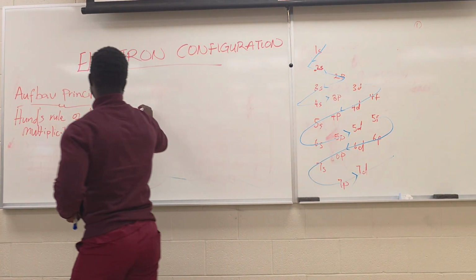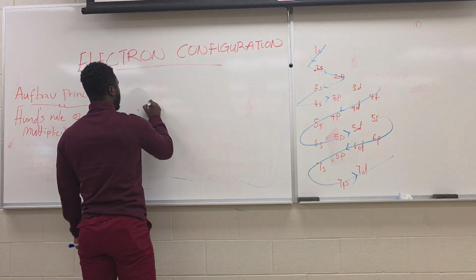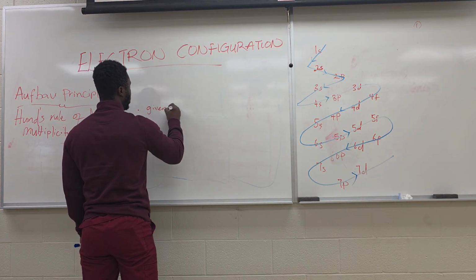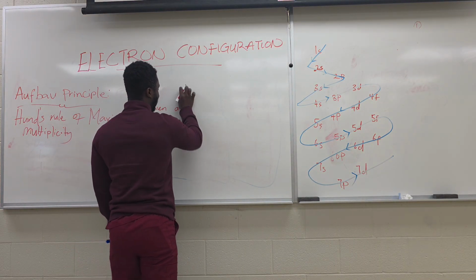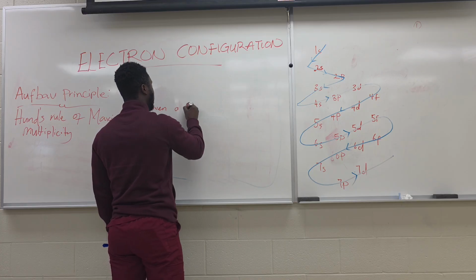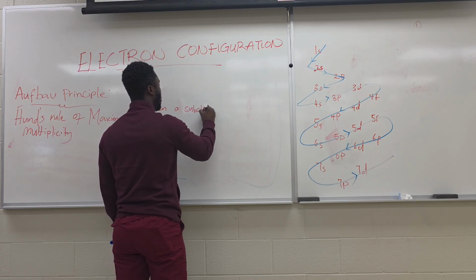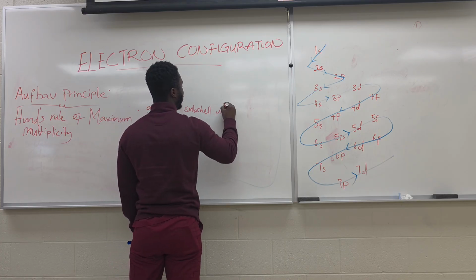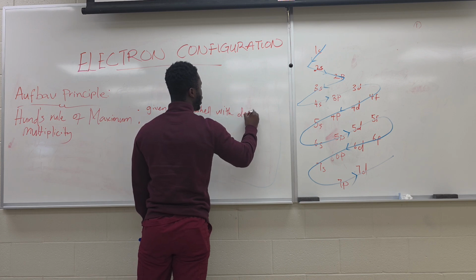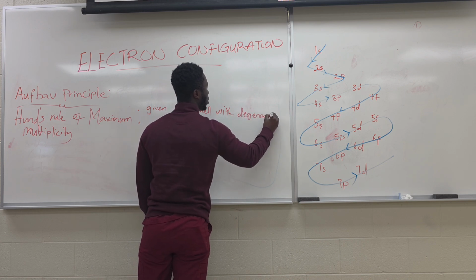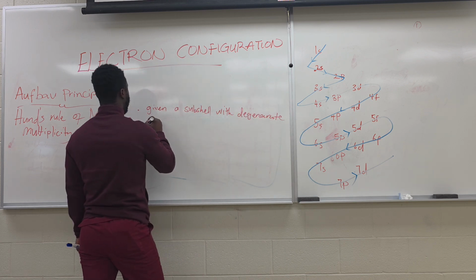So let's write it here. Given a subshell with degenerate orbitals.